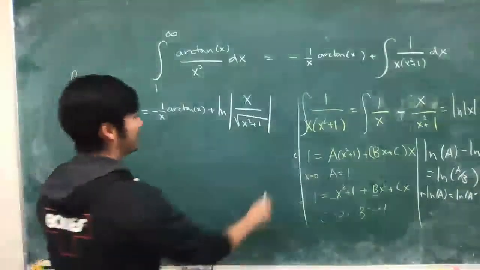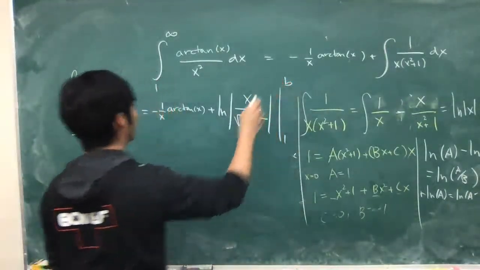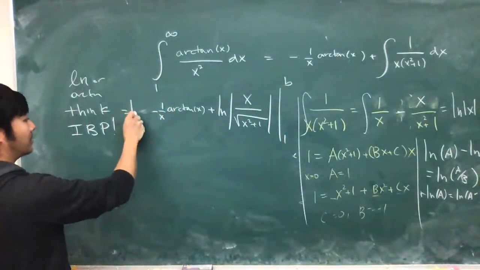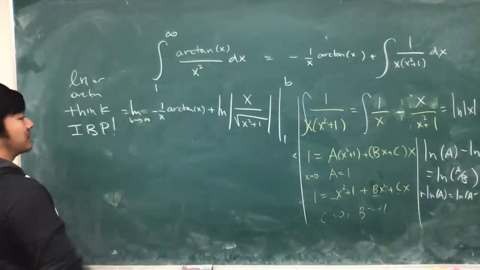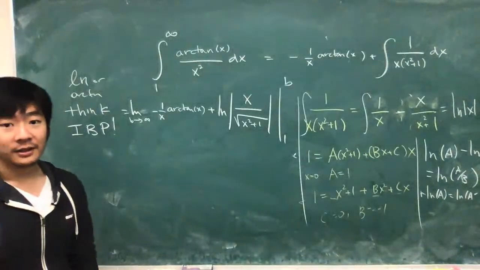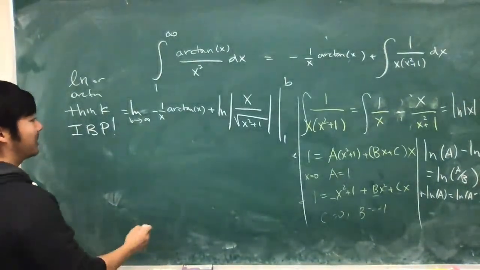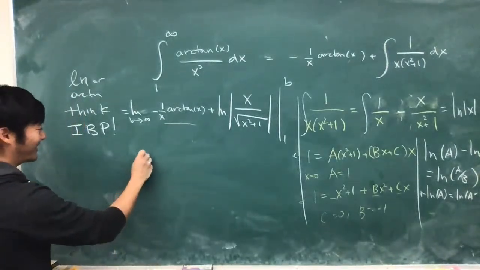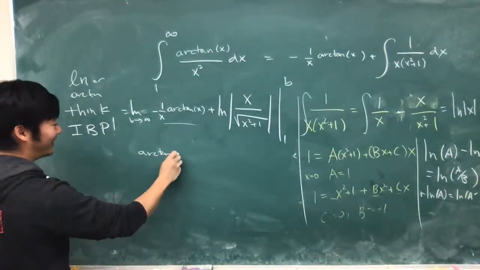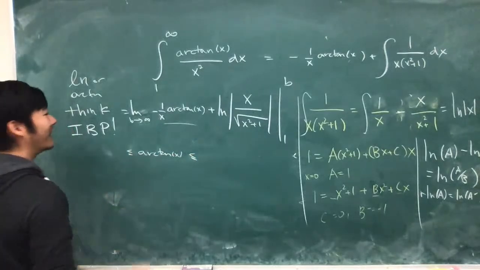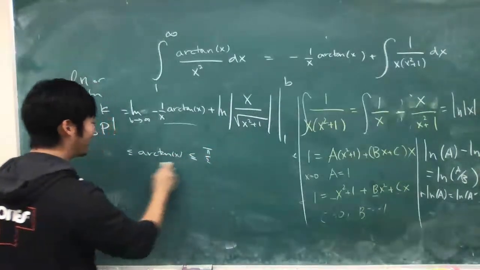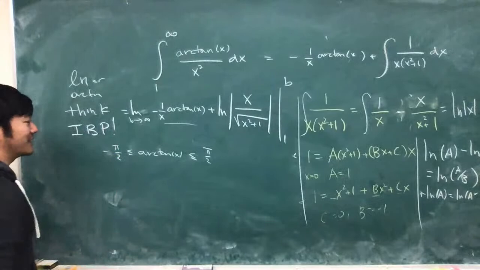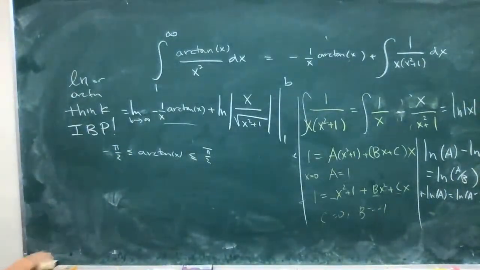And then we have to take the limits, right? 1 to b as b goes to infinity. So the first one, you have to use squeeze theorem because arctan is bounded between pi over 2 and negative pi over 2, because the asymptotes of tangent are at pi over 2.